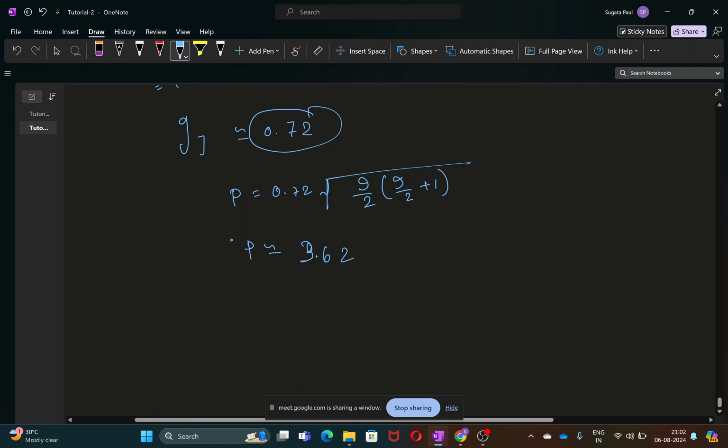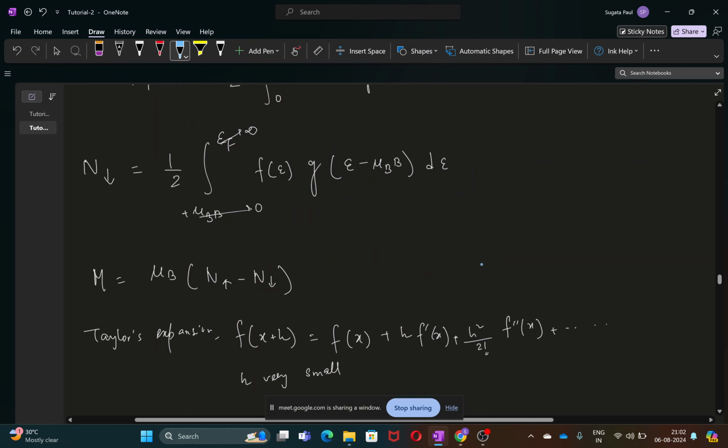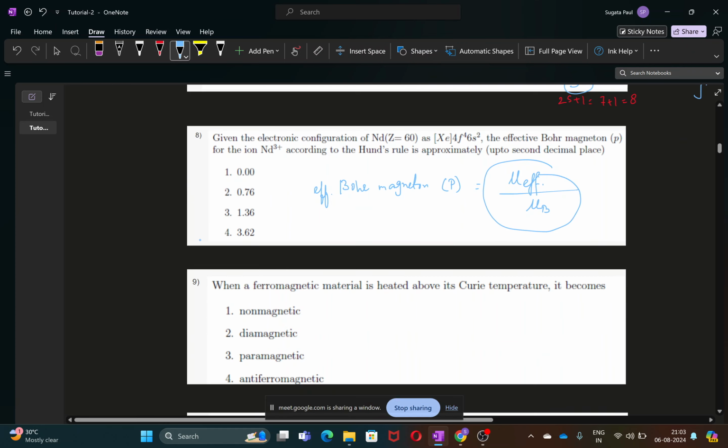So this is your answer. I think this is option number 4. Let us check whether option number 4 has 3.62. Yes, option number 4 is correct.